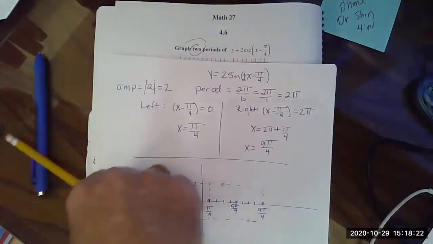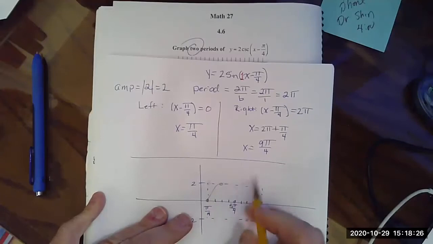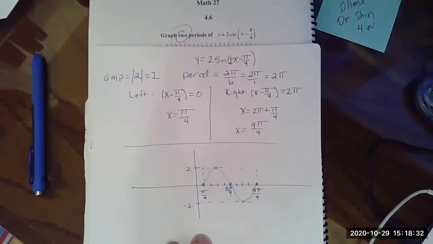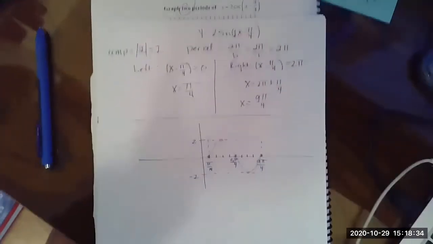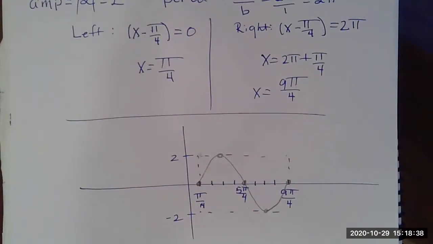So it's true. And that's 1 period. Now that's pencil. I'm going to erase that eventually, because I'm just drawing the sine. I want the cosecant. And that's only 1 period.